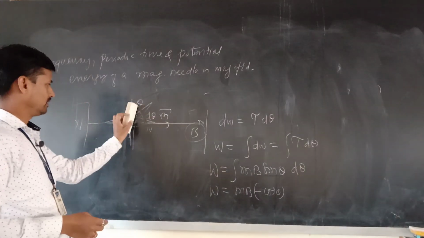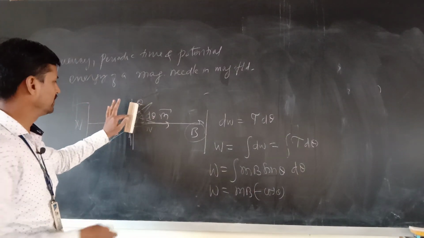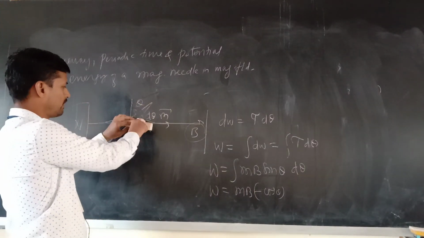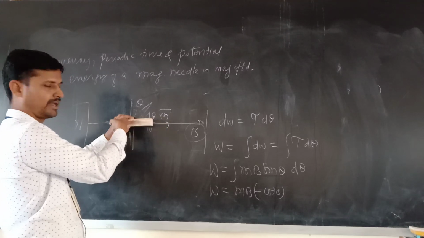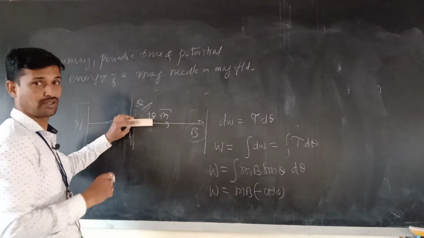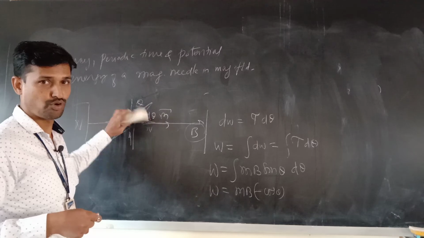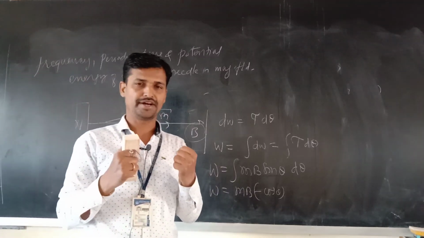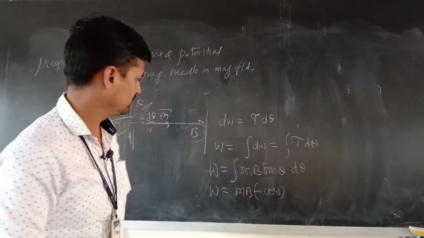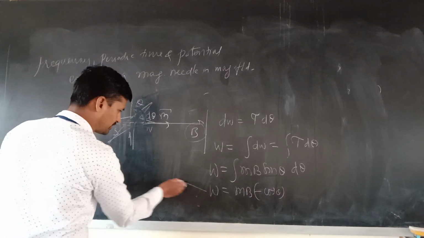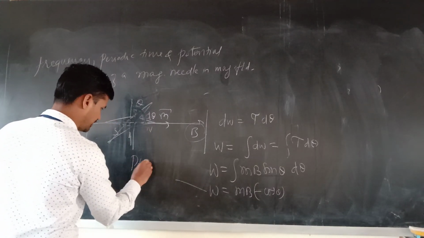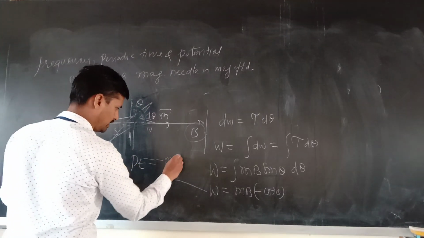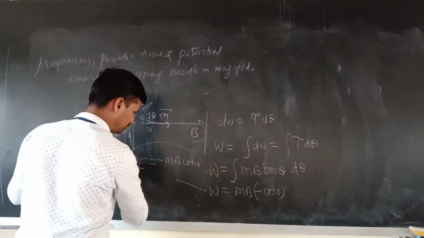Whatever work is done, concentrate. If you leave your fingers, it is going to bounce back and get aligned in the direction of the magnetic field. Why did it move at all? It moved because it had stored which energy? Potential energy. So work itself is called, children, potential energy, minus mB cos theta.